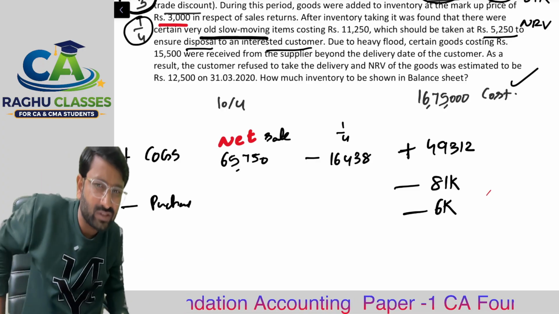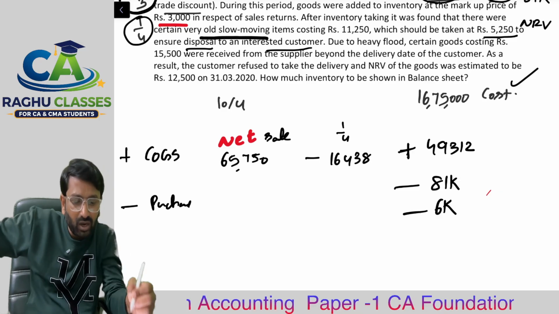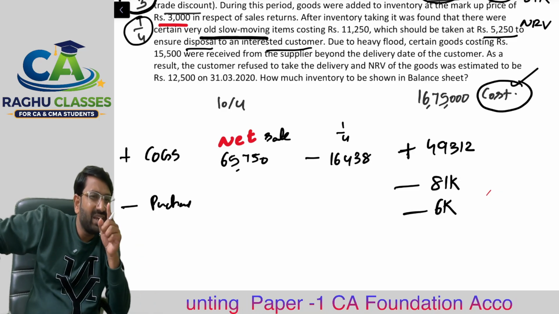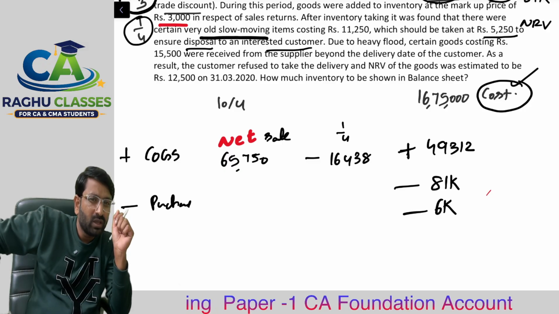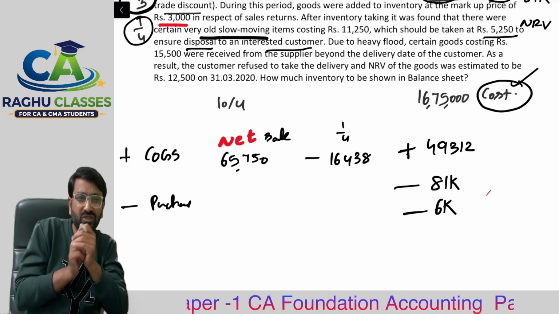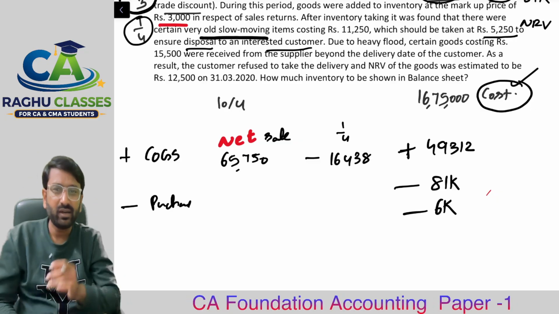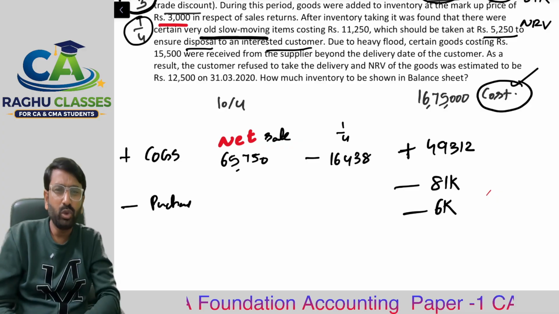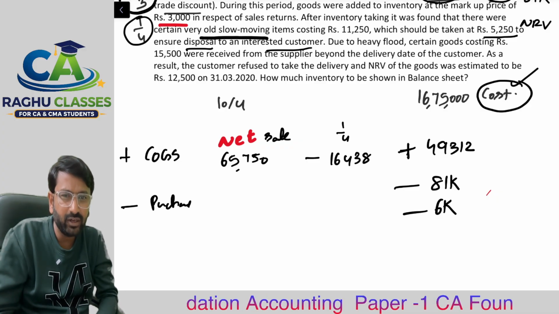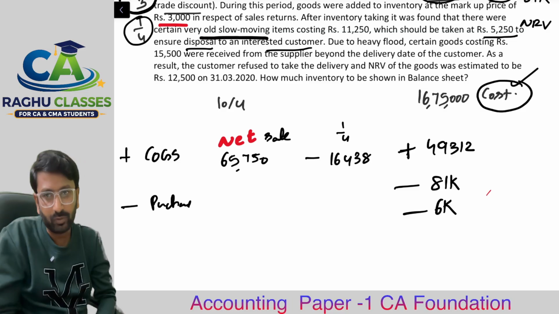So let me explain this once again. The cost of the item is 11,250 and we have valued it at cost only now. But the NRV is only 5,250. From 11,250, I should bring it down to 5,250, which means 6,000 rupees need to be removed. Remove that. Next one. Due to heavy flood, there are certain goods costing 15,500, which are received from the supplier beyond the delivery date of the customer.